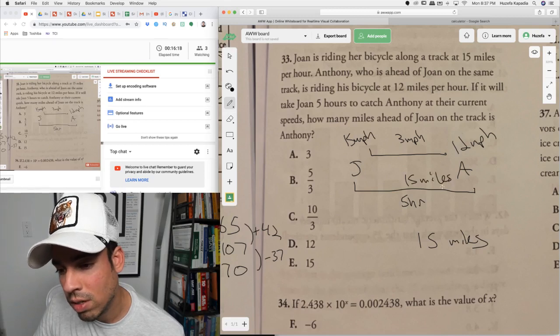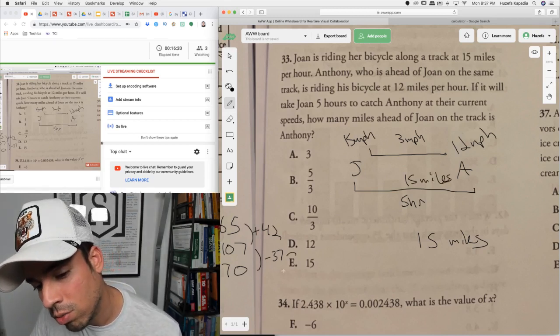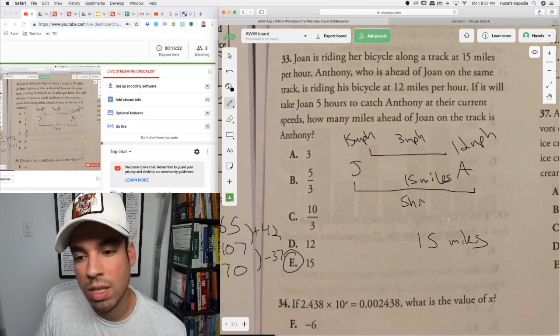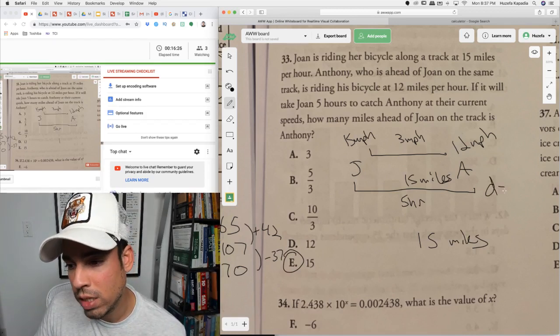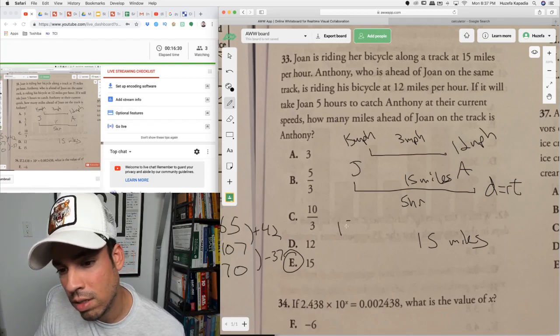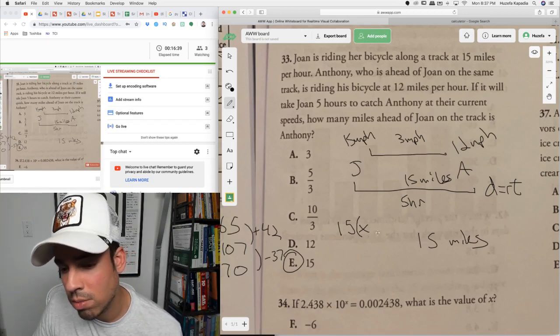But let me see if I can set this up a different way to make more sense. Distance equals rate times time, right? So her rate is 15 times time x. We don't know how long they've been riding. It doesn't matter.